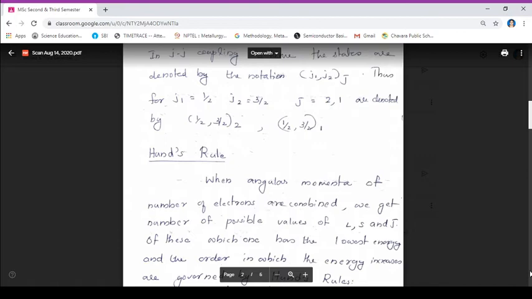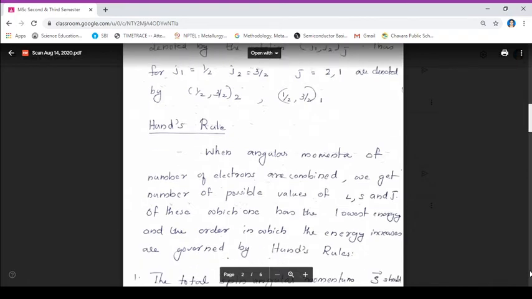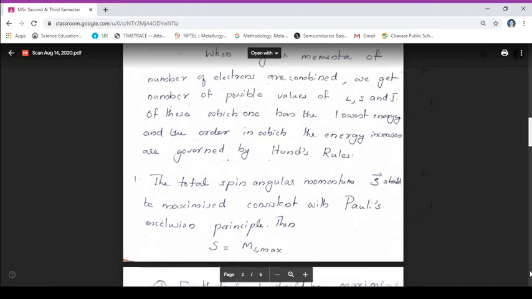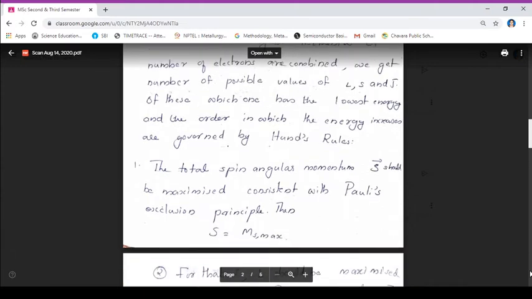Hund's rule: when the angular momenta of a number of electrons are combined, we get a number of possible values of L, S and J. Of these, which one has the lowest energy, and the order in which the energy increases, are governed by Hund's rule. The first rule says that the total spin angular momentum S should be maximized, consistent with Pauli's exclusion principle. As per Pauli's exclusion principle, no two electrons can have all quantum numbers identical.